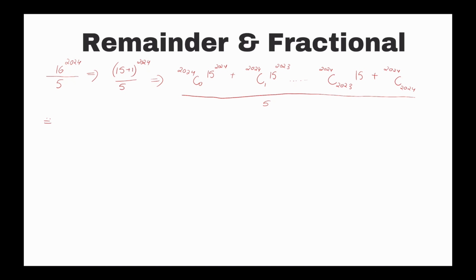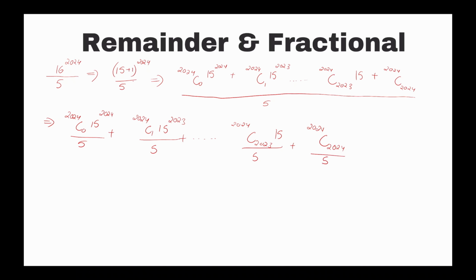So if I was to show this to you in a more simplified way, this would become 2024 C0 15 to the power 2024 divided by 5, plus 2024 C1 15 to the power 2023 divided by 5, and this would go on up till we have 2024 C 2023 15 by 5 plus 2024 C 2024 by 5.